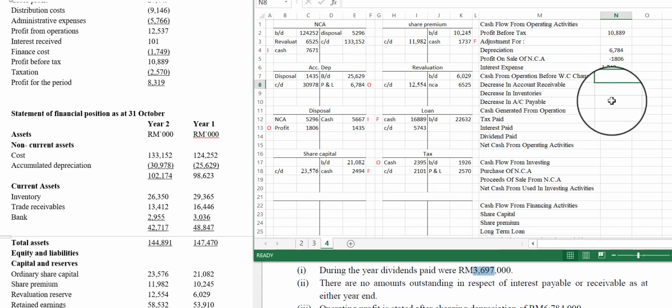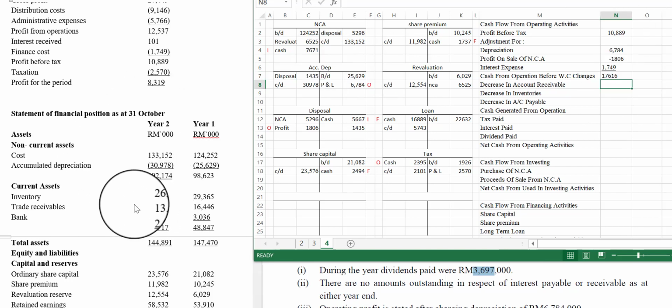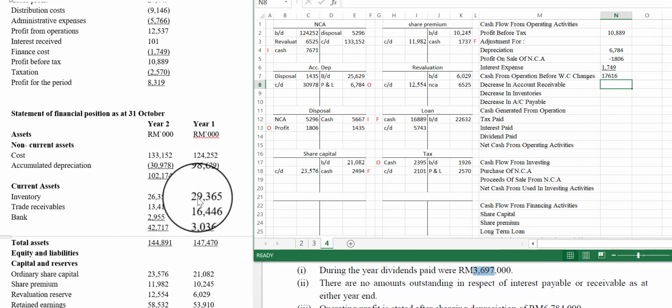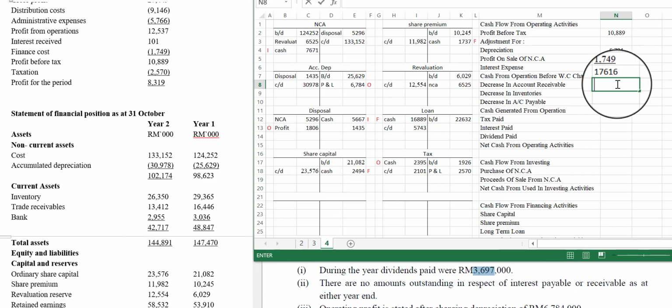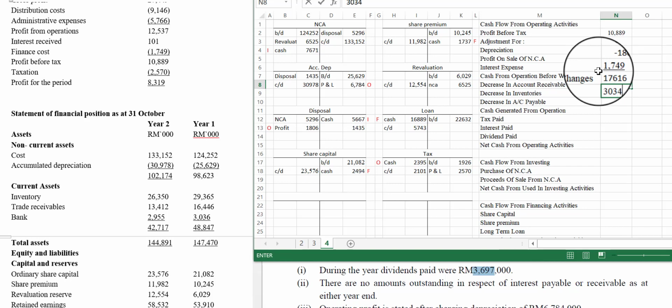Okay, now decrease in account receivables. If you look at your account receivables, year 1, year 2, there is a decrease. Decrease in account receivables basically means that your debtors are paying you money. So since they are paying you money, you should have a positive. Then same thing goes for inventory.